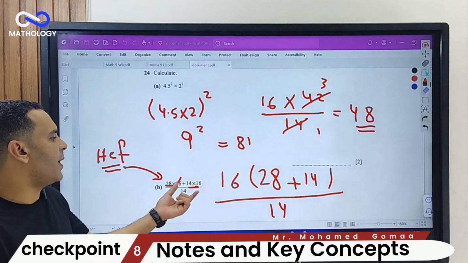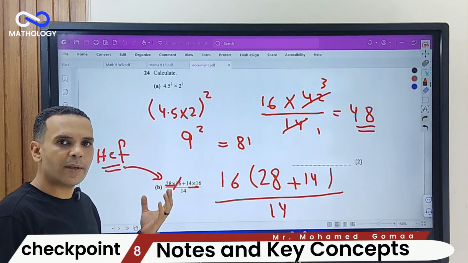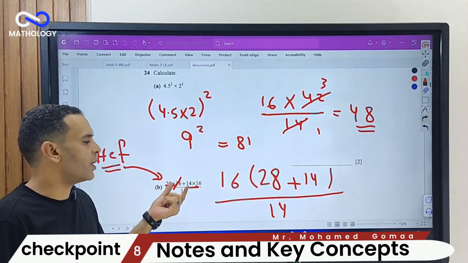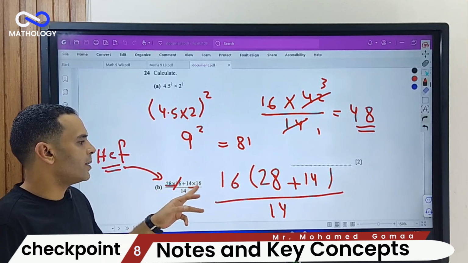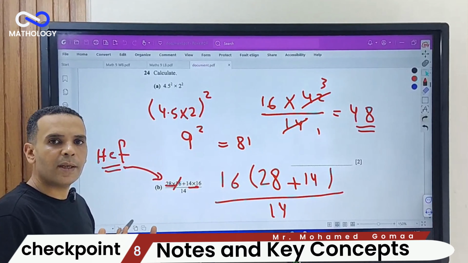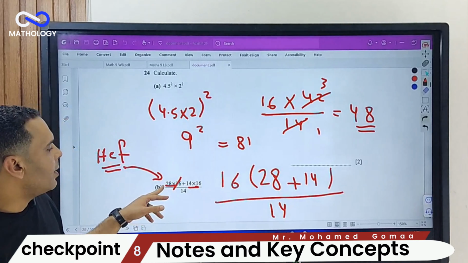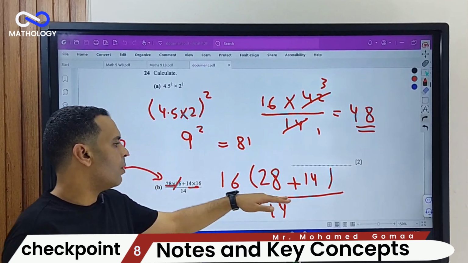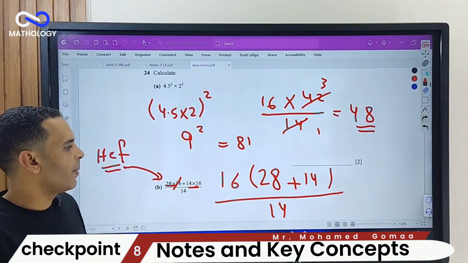Again, factor out the common factor outside the bracket. The common factor between this multiplication operation and this one is 16. Factor 16 out of the bracket. 28 plus 14 all over 14.